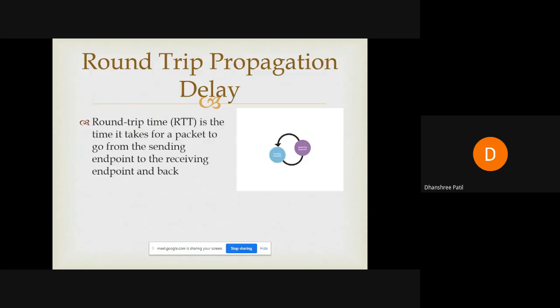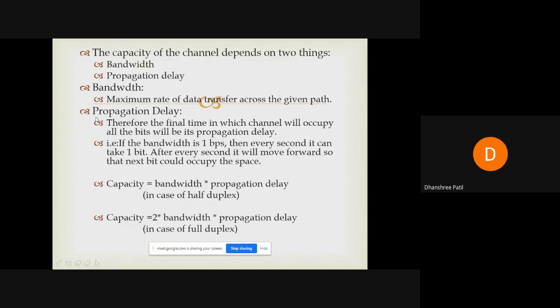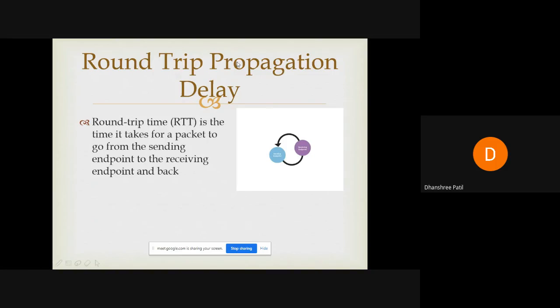Now, this term we already saw in the last lecture. Round trip propagation delay is the time taken to send the message from the sender to the receiver and again back to the sender. Remember these two terms, propagation delay and round trip propagation delay. There is a difference.